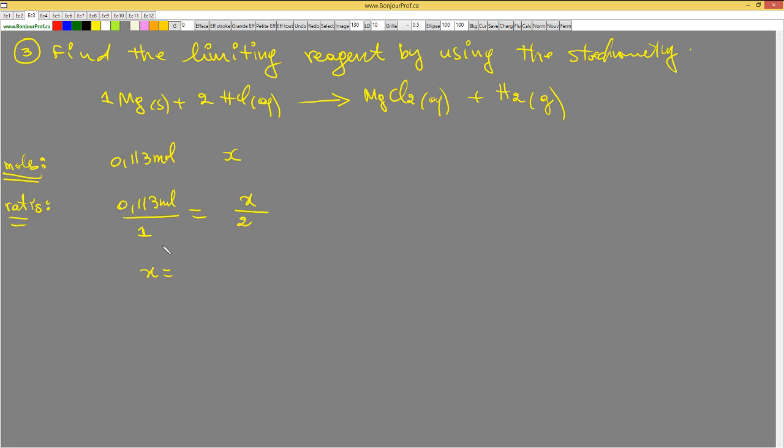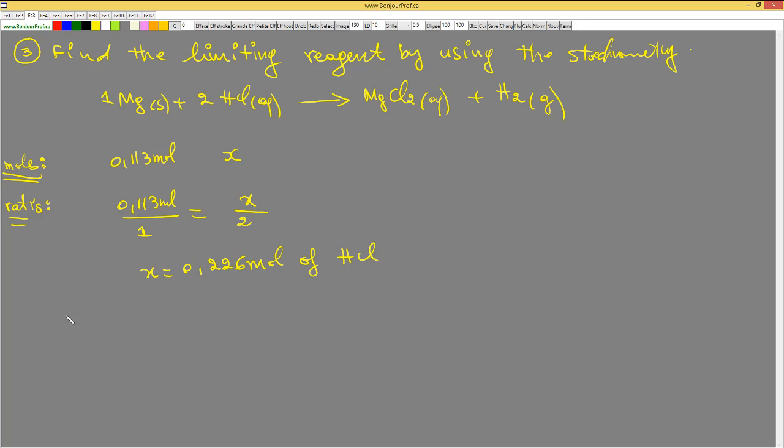The X, this cross products will be 0.226 moles. So what we find here is moles of HCl, because the X is representing HCl. So you write X equals 0.226 moles of HCl.